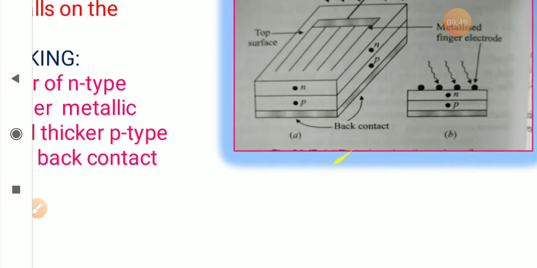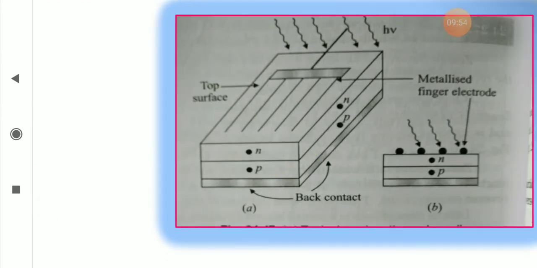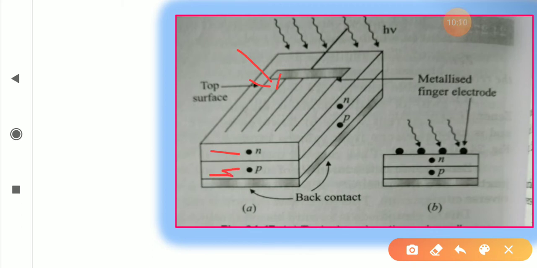So let us look at this diagram now. See, we have a thin N-type layer and on its top we have these finger electrodes. The P side is a little thicker and the whole back is covered with metallic back contact.